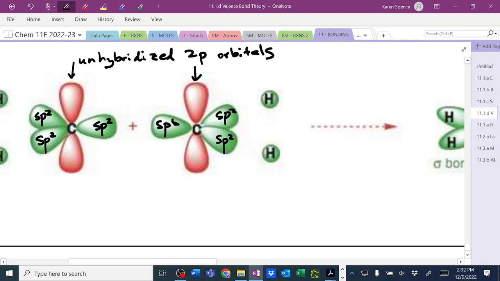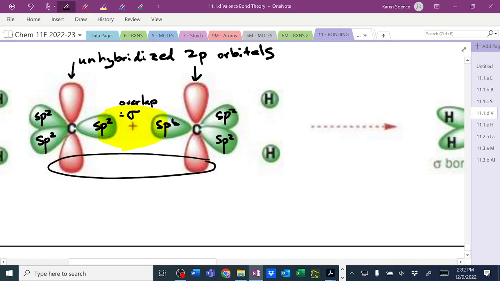So when we bring them together, these guys are going to come together and overlap, and that's going to be our what kind of bond? That's going to be the sigma part of the bond. Now what's going to happen when we have the overlap here? That's going to be our pi overlap.